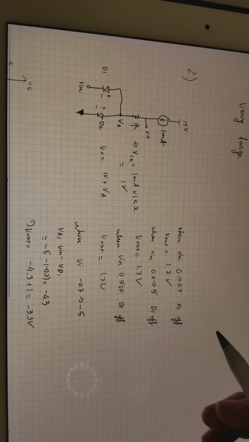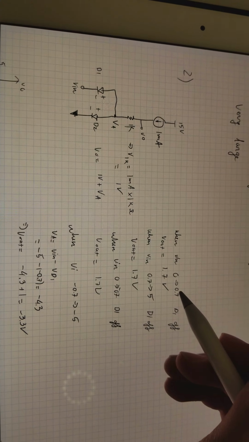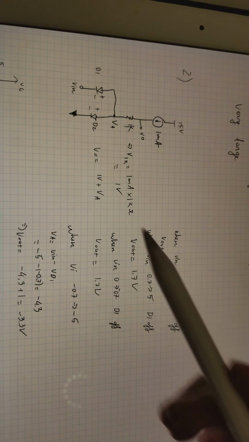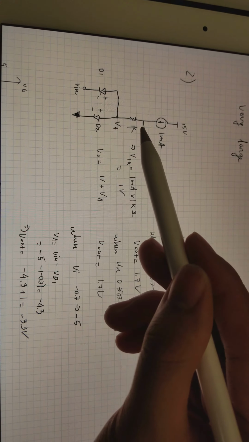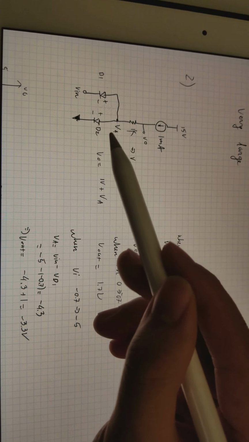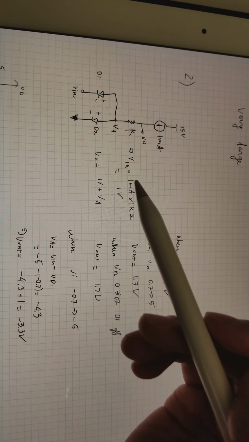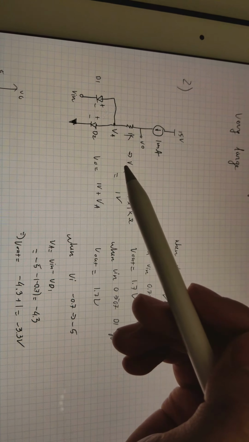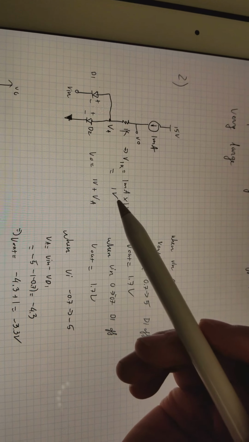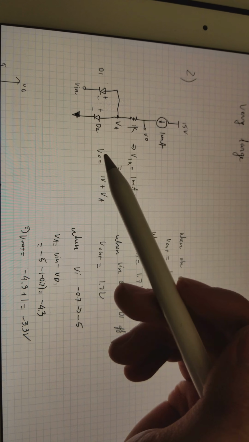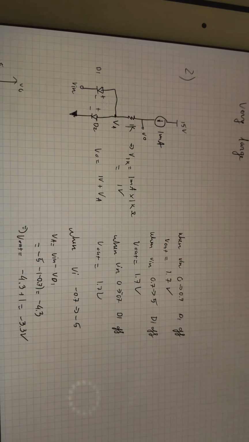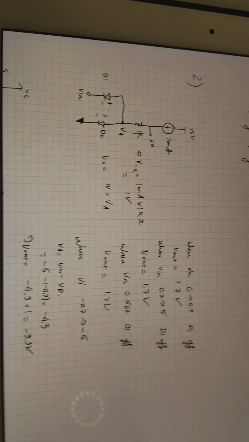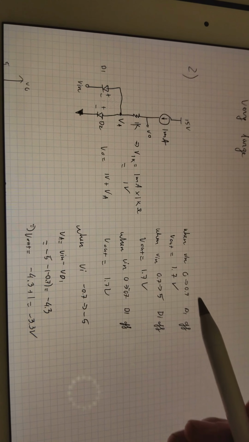When V in is 0 to 0.7, diode D1 is off, and the voltage output is always the voltage across this resistor plus the voltage at A. The current goes through this branch, and the voltage across the resistor is 1 milliamp times 1 kilo ohm, which is 1 volt, and V output is 1 volt plus VA. When the first diode is off, the voltage across this diode is 0.7. If we add it up, it equals 1.7 volts.